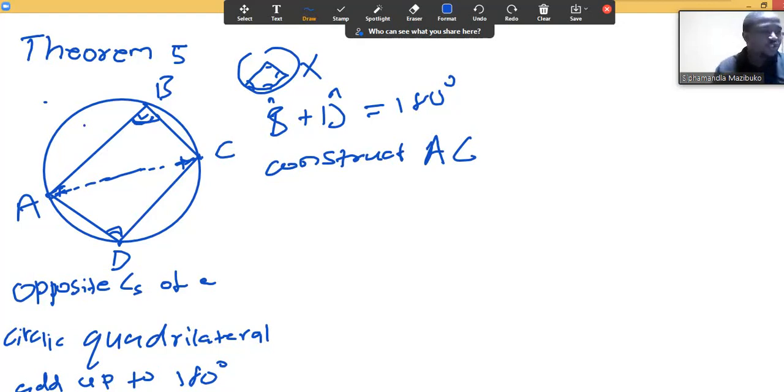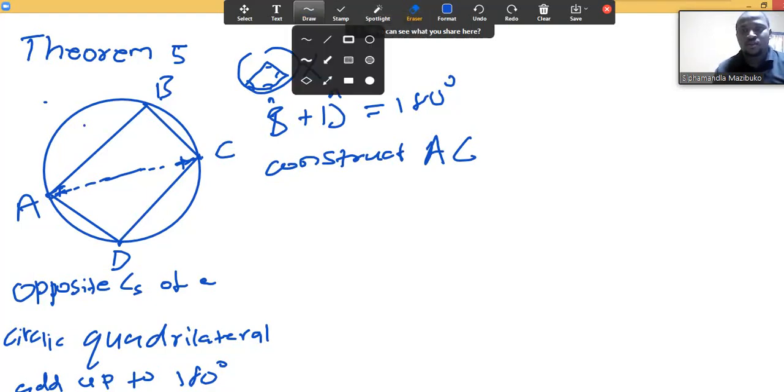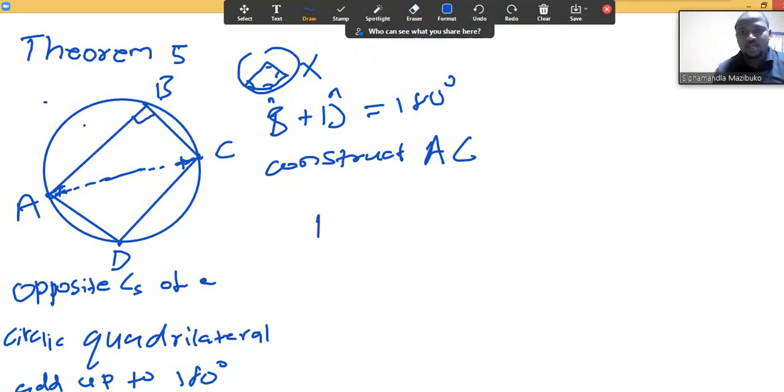We can also use Theorem 4, because with Theorem 4 we already know that angle B is 90 degrees. And what would be the reason?